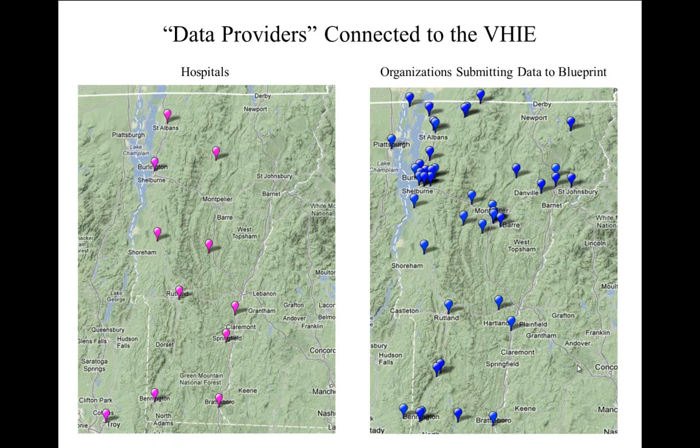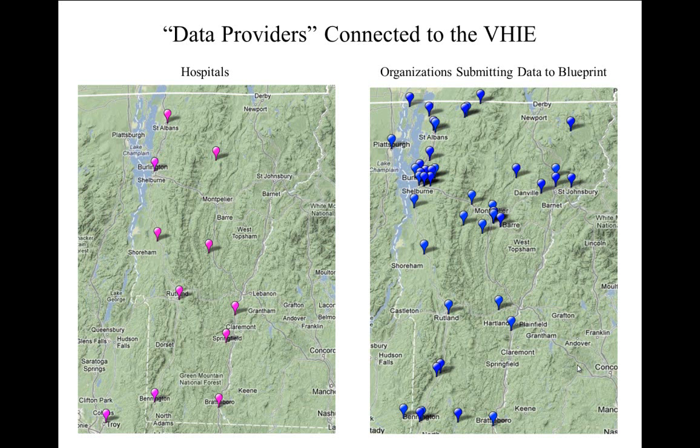So what are we talking about when we say data providers? As I mentioned, what's really happening with the VHIE today? And when I say today, I should actually say what the numbers were in September, because I think this slide was created then, but this is fairly close to where we're at.